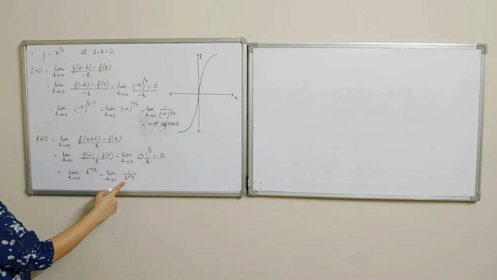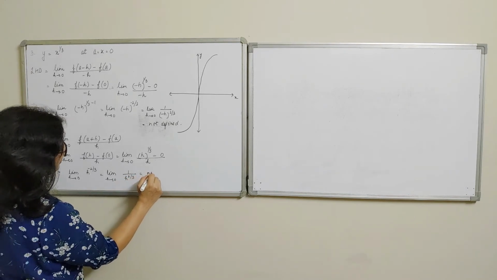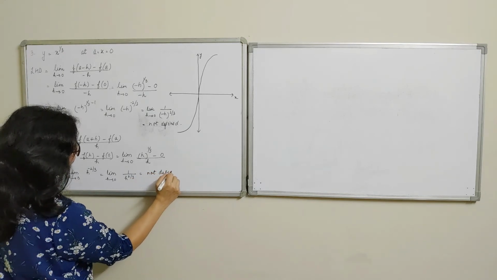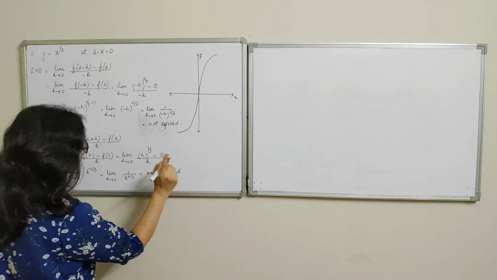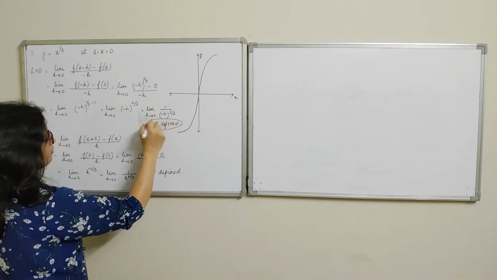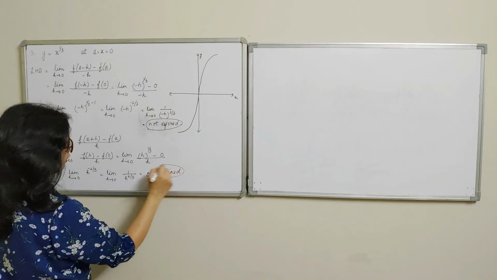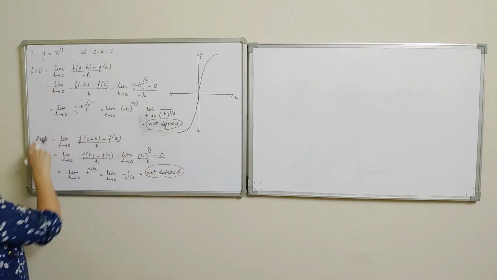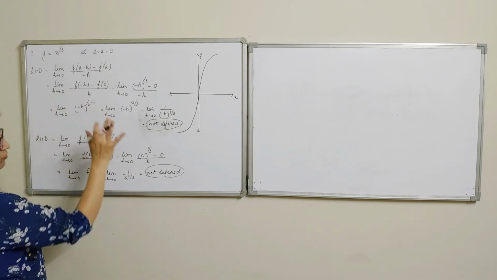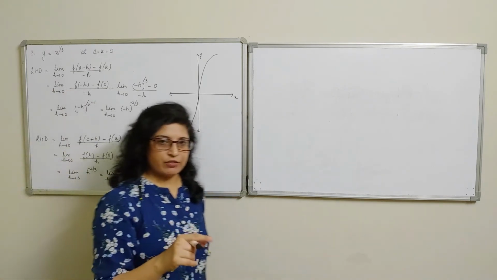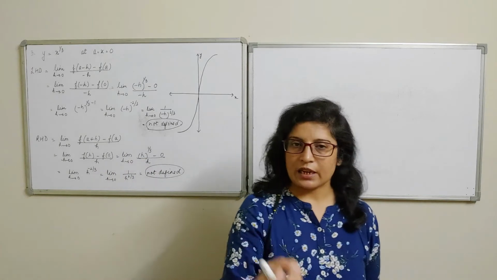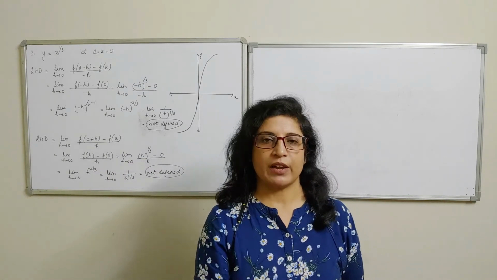Now when we directly substitute h is equal to 0, this is also not defined. So there should be no confusion that the left hand derivative is not defined, the right hand derivative is not defined. That means these two derivatives are equal and hence the function is differentiable. We have mentioned in the definition of a differentiable function that the limit has to exist finitely.